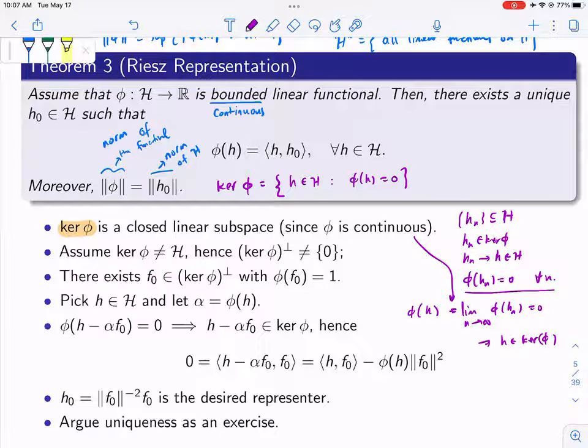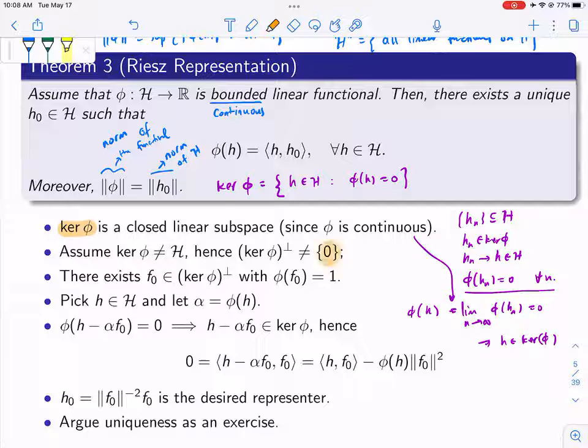So assume that the kernel is not the entire H, and then the kernel perp is not going to be zero. I'm taking the perp of both sides, and I get this because the perp of H is zero.